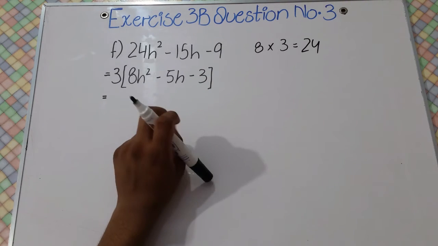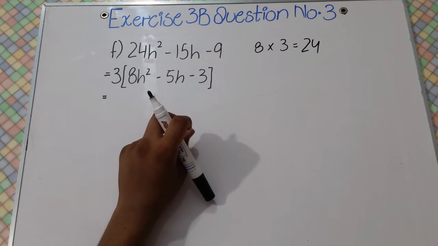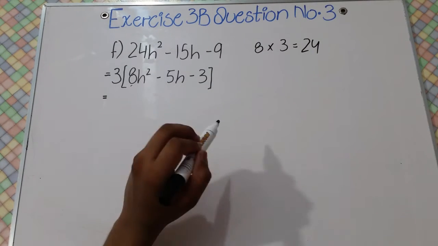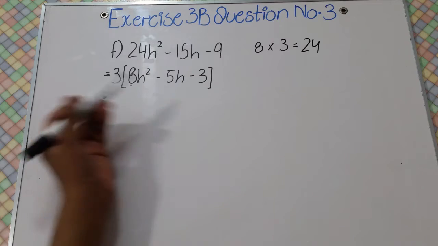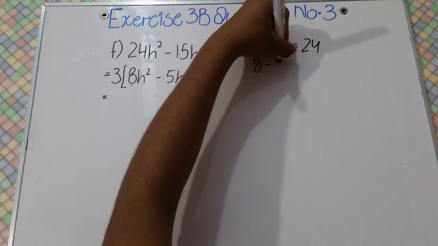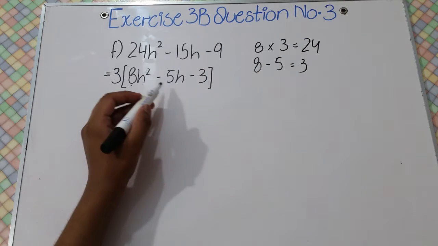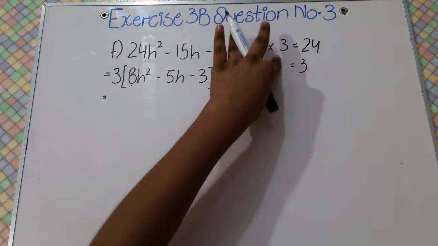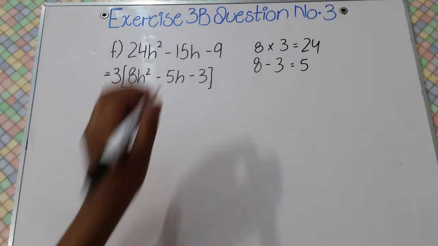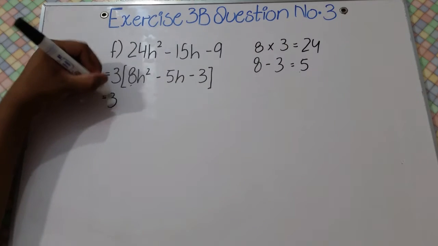First I multiply 3 and 8. So I think coincidentally we have found the middle term, because if we multiply 3 with 8, it is 24. And then if we subtract like this, 8 minus 3, oh sorry, I have written this. So it is now 5. So I think it's the perfect middle term.